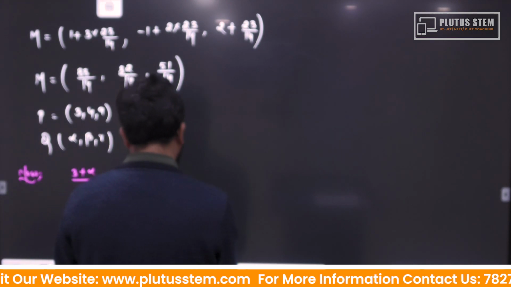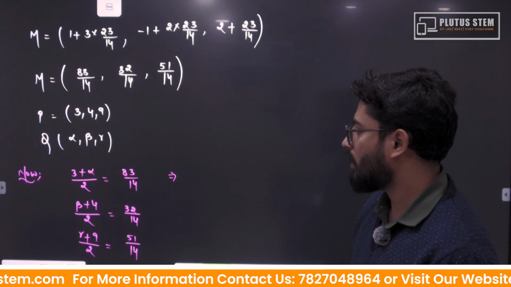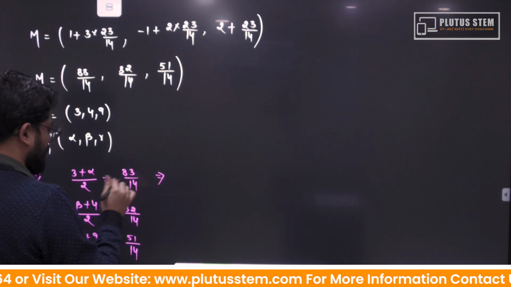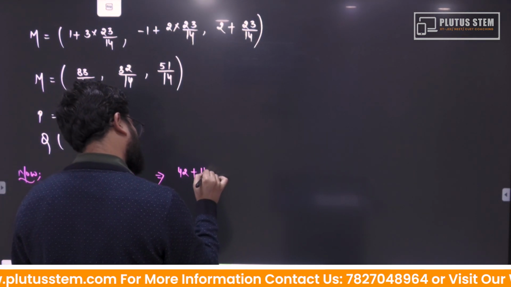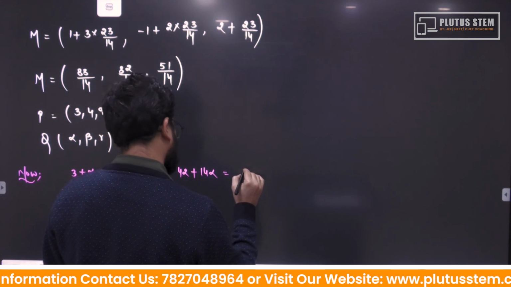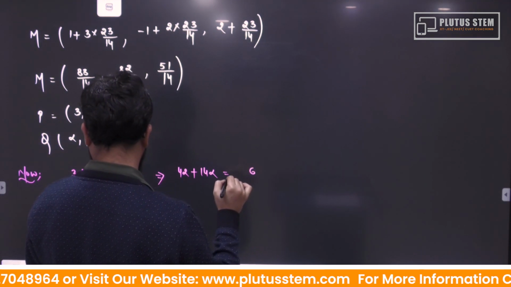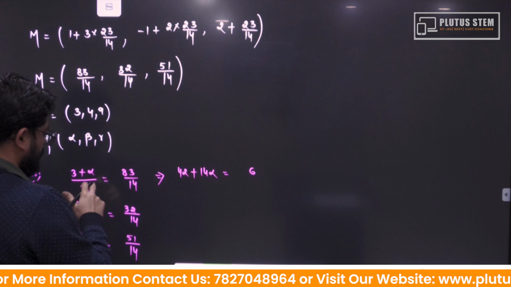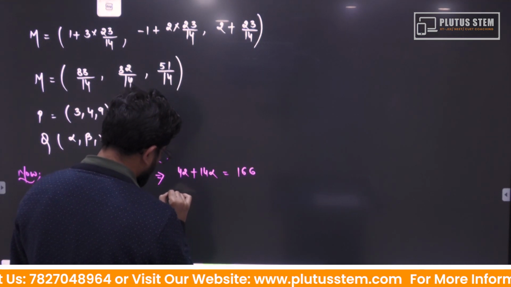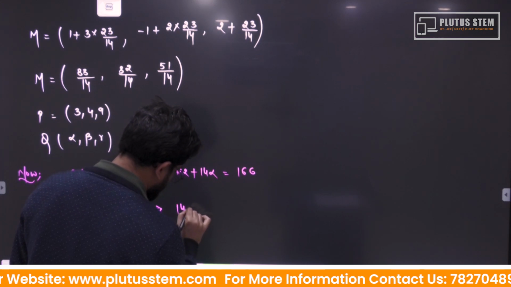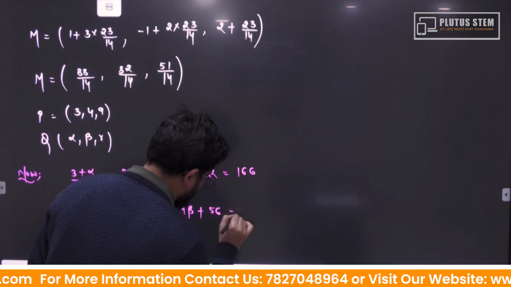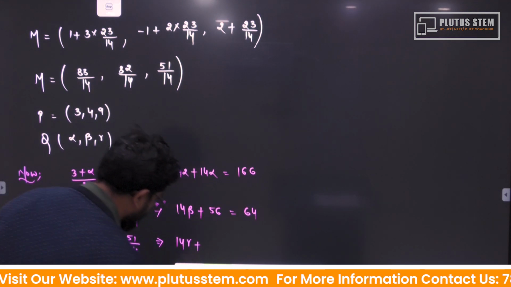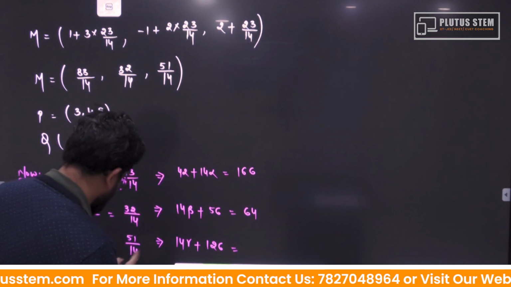So find the value of alpha. Or you can just multiply by 14: 14 threes are 42, plus 14 alpha is equal to 166. Similarly, 14 beta plus 14 fours, 56, is equal to 64, and 14 gamma plus 14 nines, 126, is equal to 102.